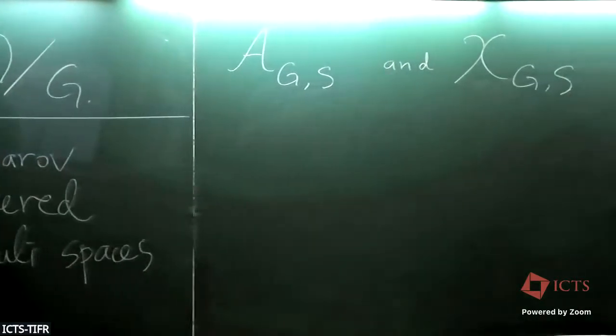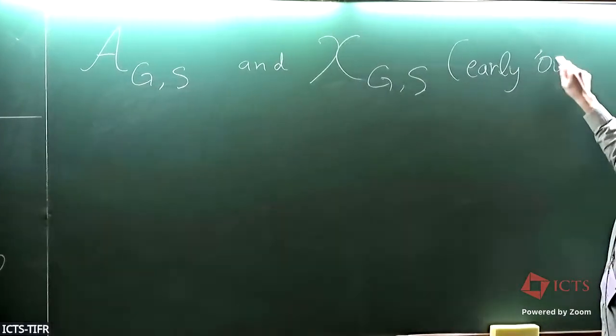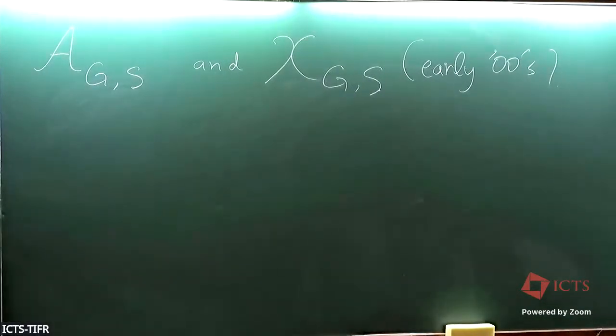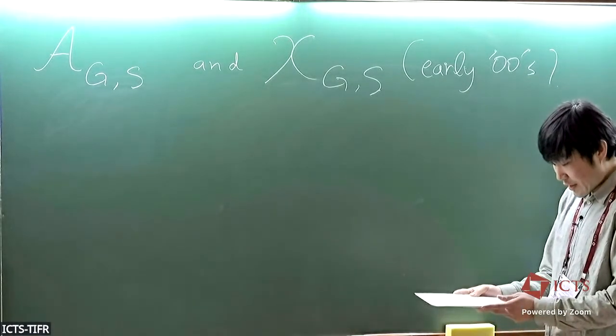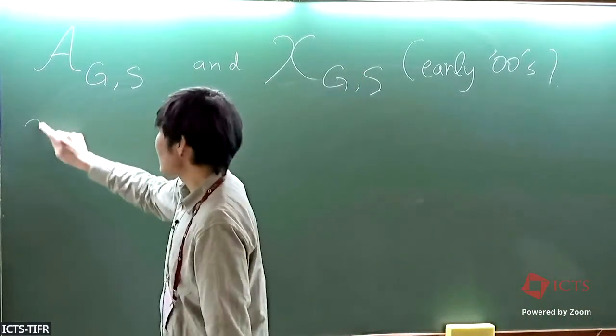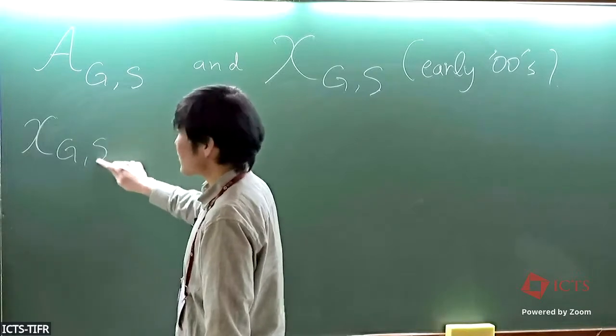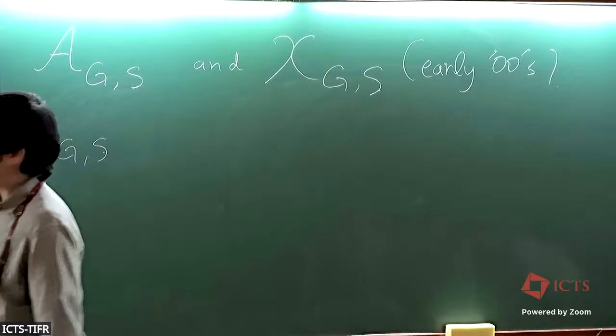I'm not going to give a precise definition. I'm just going to explore some properties that they have. But very roughly speaking, X_{G,S} is some modified version of Loc_{G,S}, which is just a representation space.